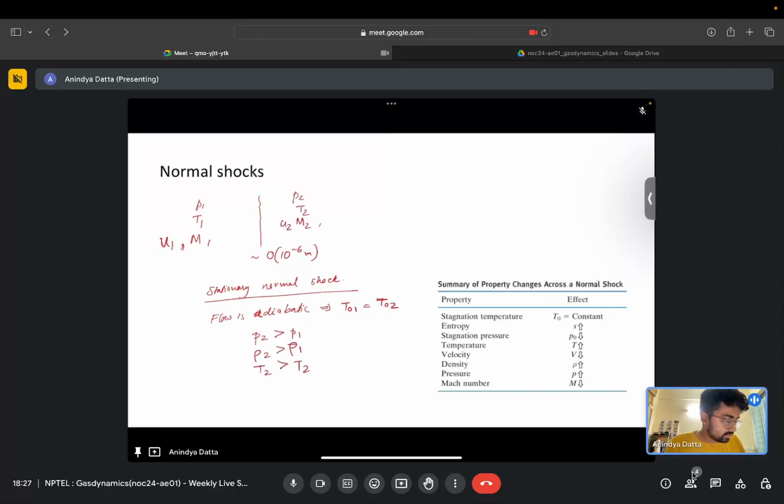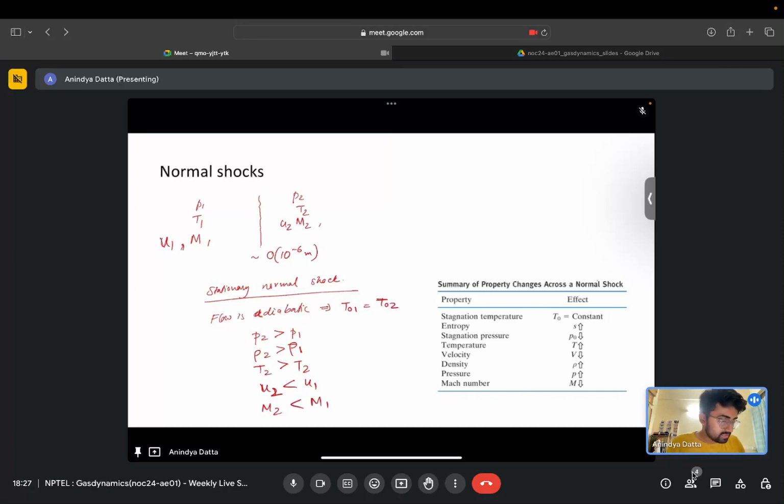The gas, after passing through the normal shock, gets compressed. Its velocity decreases, so u2 is less than u1, and correspondingly M2 is also less than M1.